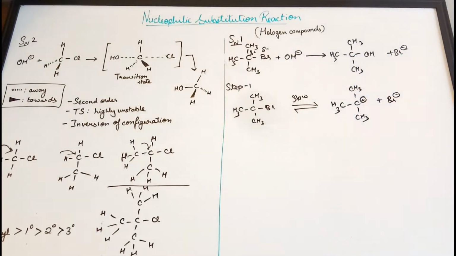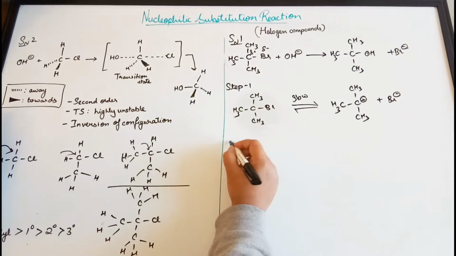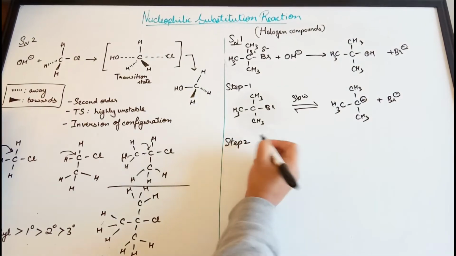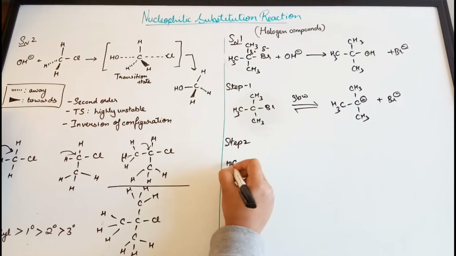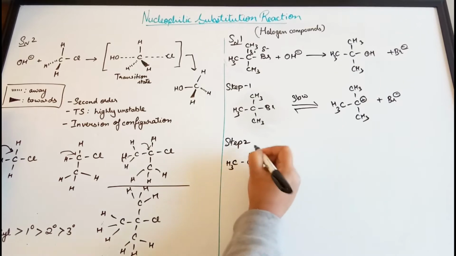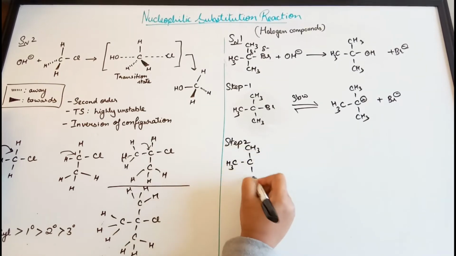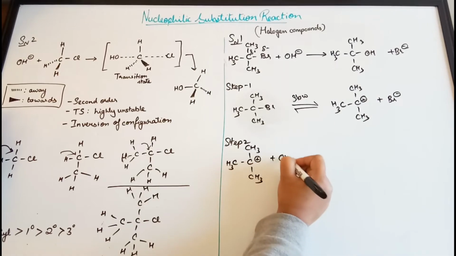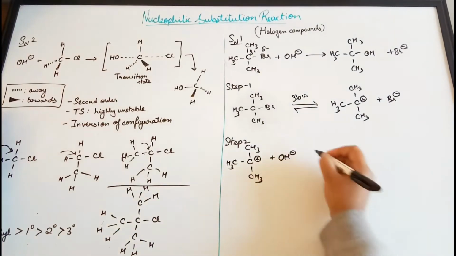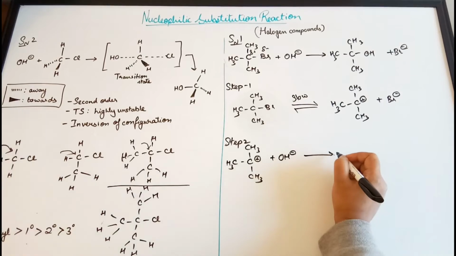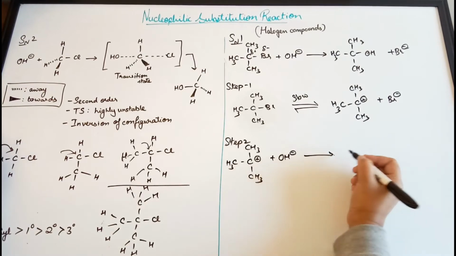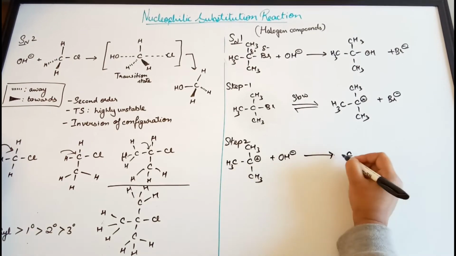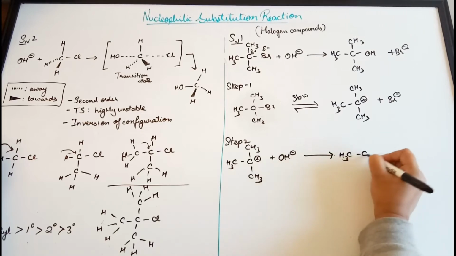Now next you have the incoming nucleophile coming. So step 2 is going to be the attack by the incoming nucleophile on the carbocation. And this is actually a fast step, and this is giving us the alcohol.